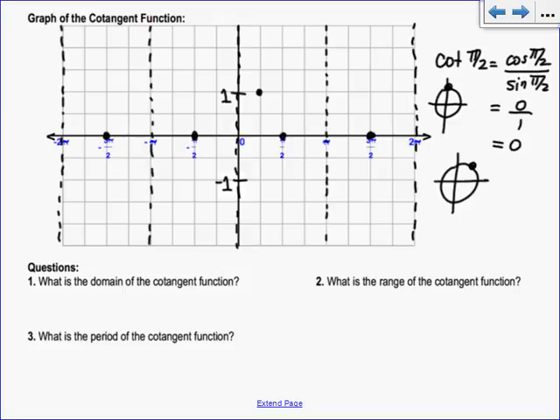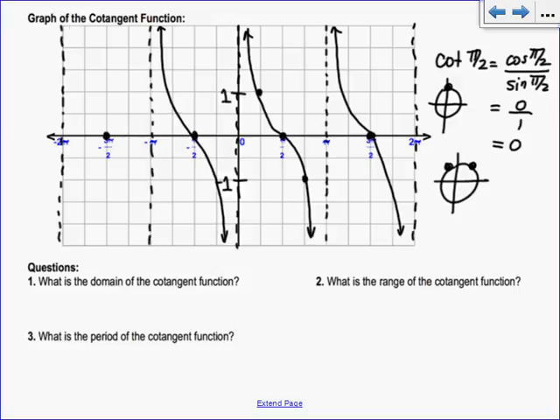What's cotangent of 3 pi over 4? Negative 1, right? So do you see how it has to go downwards? It has to go like that. It's the same thing here, just reversed. You don't have to get your 1s and negative 1s in exactly the same place every single time. It's hard to draw.